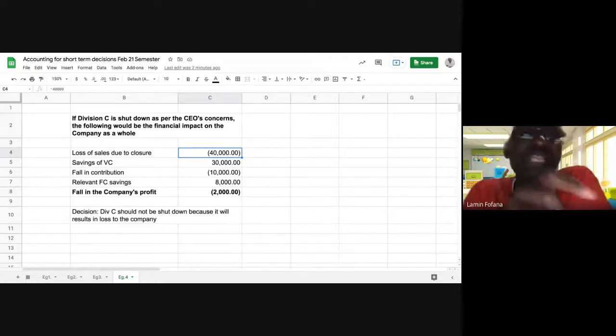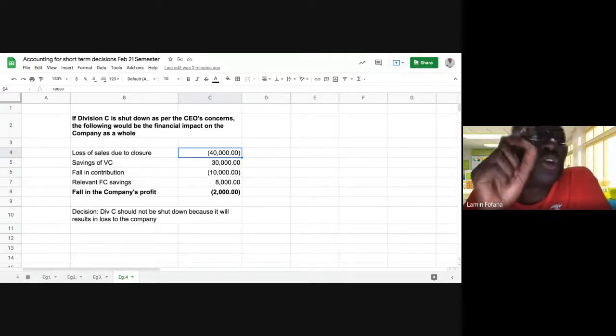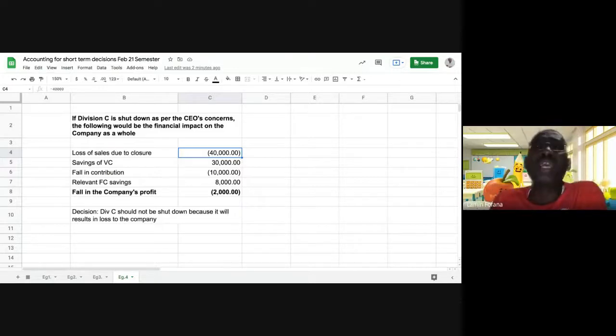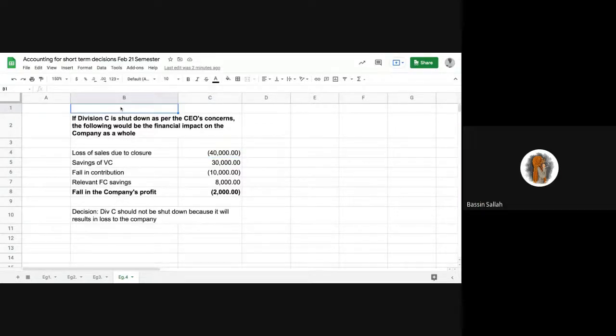So in any decision that you want to take, if you're going to lose more than what you're going to gain, are you going to go ahead with it or not? No, you wouldn't, exactly. So that's the same scenario here. If we shut down division C, we are going to lose more than we are going to gain. So naturally, we don't shut down division C based on this. Okay, thank you.